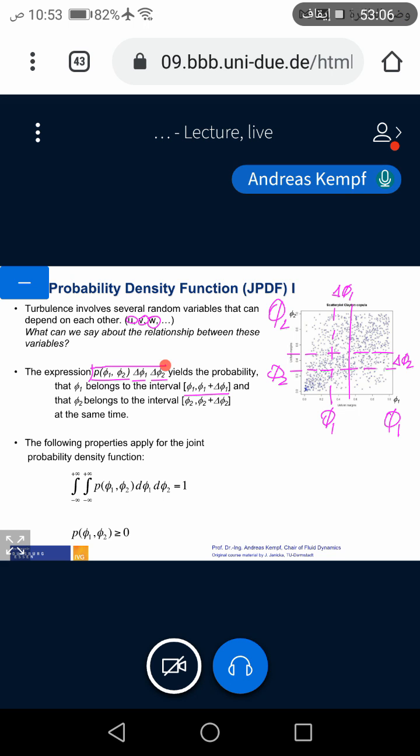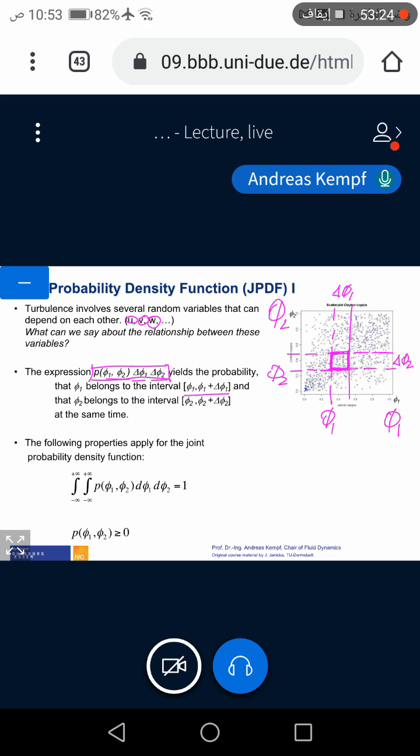And then P, this probability here, is the probability of finding points or samples within this zone, right? So that way, we have the probabilities there.